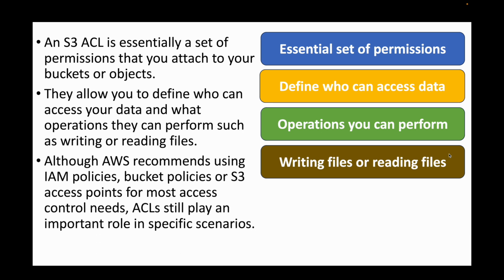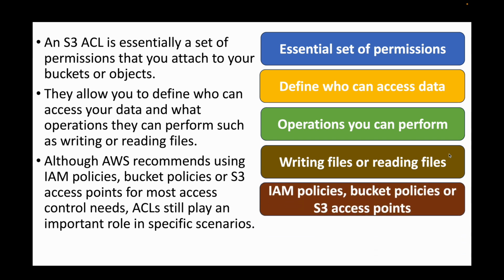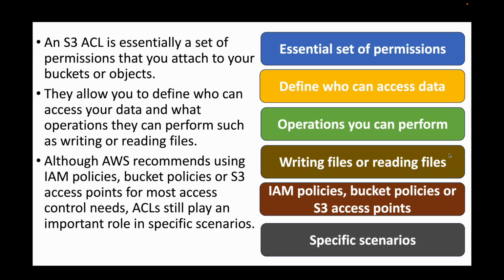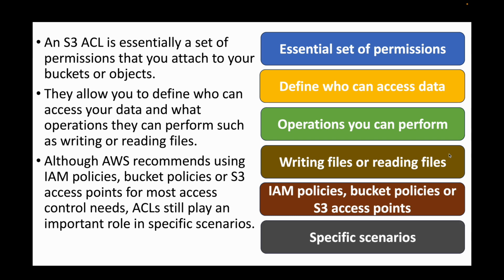Now, although AWS recommends using IAM policies, bucket policies, or access points for most of your access control needs, ACLs still play a very important role in very specific scenarios. AWS does not really recommend using ACLs. It recommends that we use IAM policies, bucket policies, or S3 access points to control access.